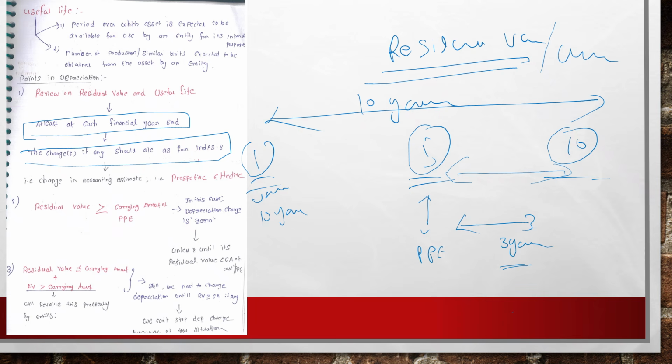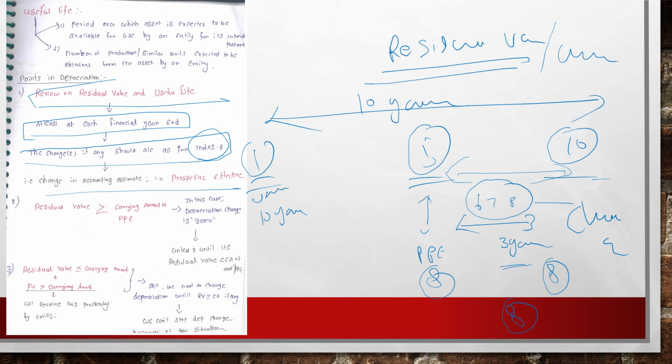In that case, the total useful life changes to 8 years. This is a change in accounting estimate, so you account for it under Ind AS 8 on a prospective basis. So in the 6th, 7th and 8th year, you should change this calculation. That is why you have to review the useful life and residual value also.